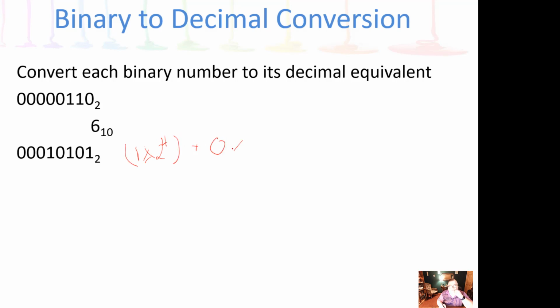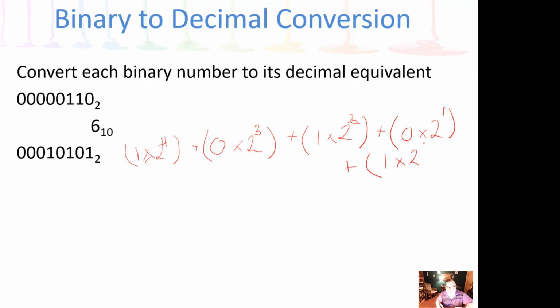Plus 0 times 2 to the 3rd, plus 1 times 2 squared, plus 0 times 2 to the 1st, plus 1 times 2 to the 0.